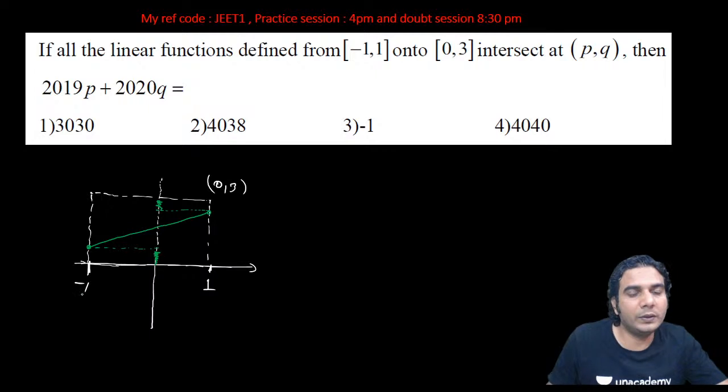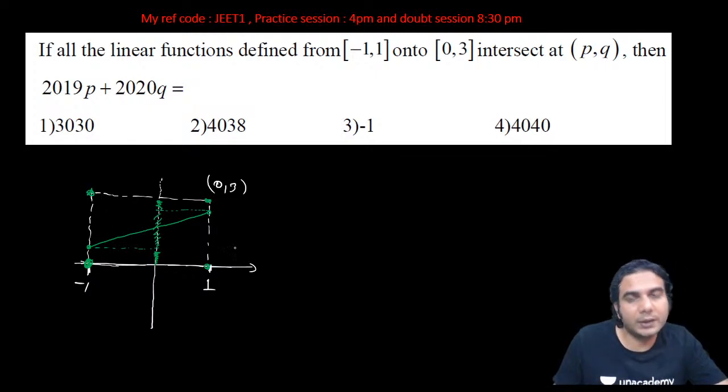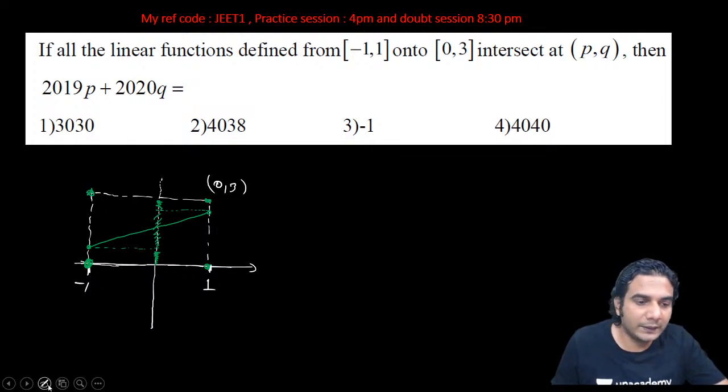So range is from this point to this point. To cover the complete range, the line should start from this corner to this corner, or from this corner to this corner. Only two possibilities. That means if you want to make this function onto, it will be 1-1.